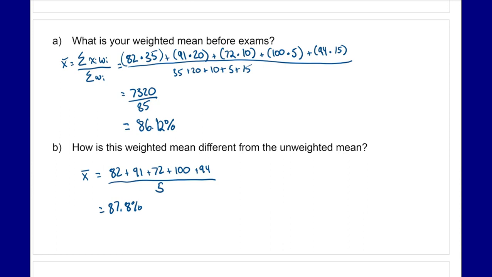So relatively the same either way, off by a percent or two, depending on the weighting of the categories. Because these ones are all relatively equal for the most part, your unweighted mean wouldn't be affected too much. But if you were extremely low in, say, the test scores, it might not always be this close. The weighted mean might be a little bit higher or lower depending on the weights of the different categories.